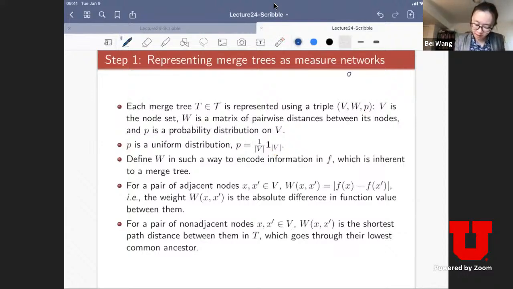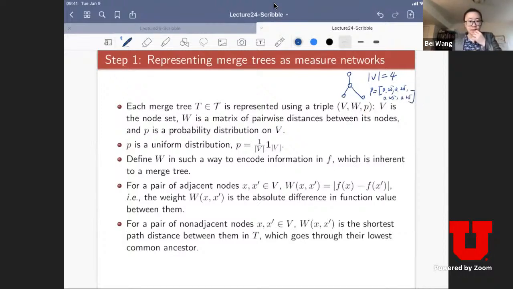For example, if I have this very simple merge tree, it only has 4 nodes, so the number of nodes is equal to 4. Then the probability distribution over each point is going to look like 0.25, 0.25, 0.25, and 0.25. This is a one-dimensional vector.